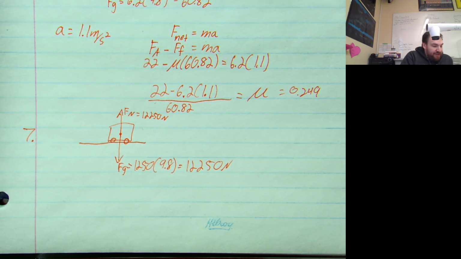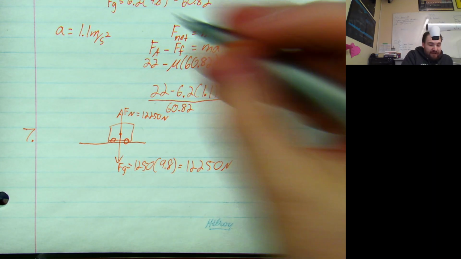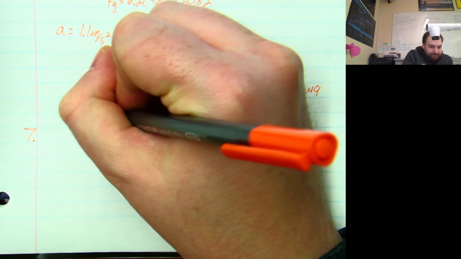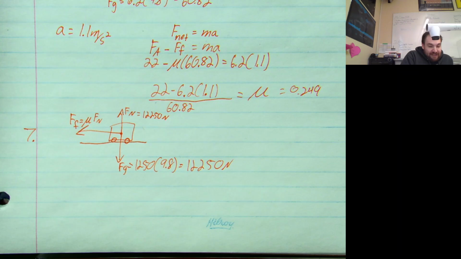What other forces are acting on this car? Friction from the brakes, and that's going to be going which way? To the left. Force of friction is mu FN. Oh wait, no, we don't go on coefficient of friction, do we? We do want the coefficient of friction. Okay.